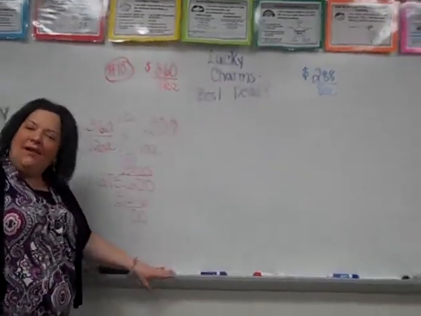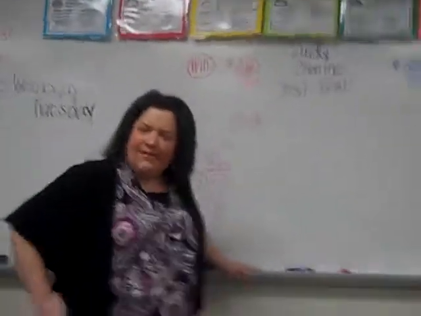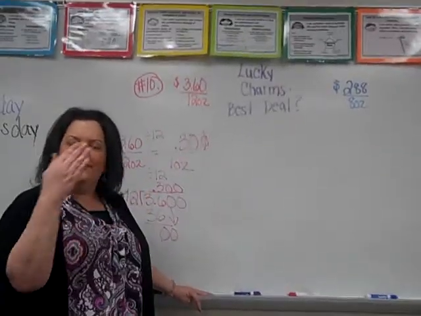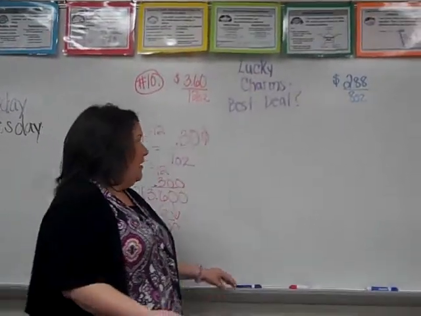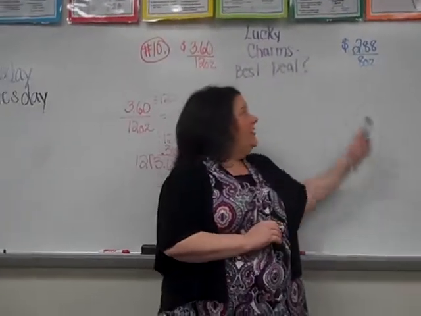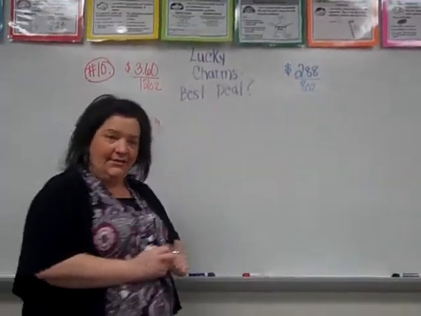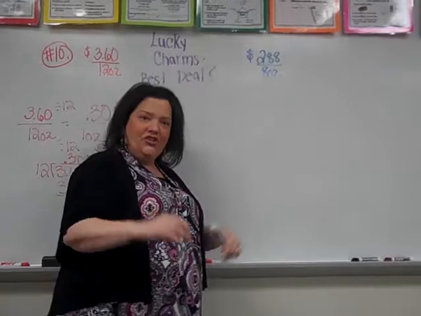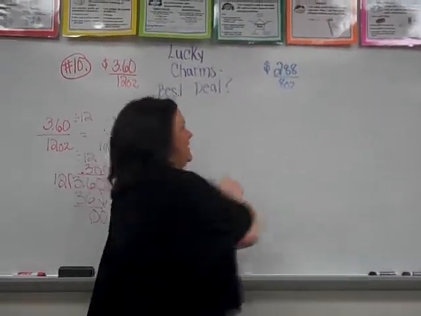So that's why I kind of got my hand on my hip about so many people not being able to solve these types of problems, because they're the same ones we've been working on for the past 3 weeks. Okay, let's go to the 8-ounce box for $2.88. I'm going to go ahead and set up my proportions, my equivalent ratios to find the unit rate.